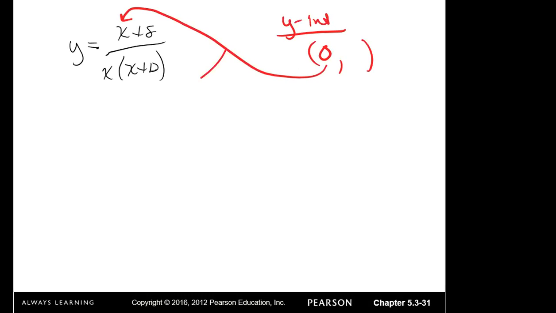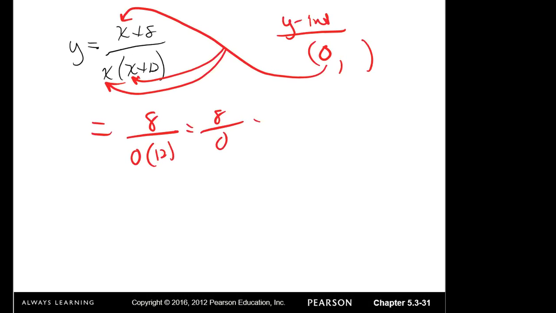Now, your y-intercept is going to be when x is 0. So I'm going to put a 0 here and a 0 here and a 0 there. But right there, I can see 0 plus 8 is 8, and then this is going to be 0 times 12. But 0 times 12 is 0, and 8 divided by 0 is undefined. So there is no y-intercept.